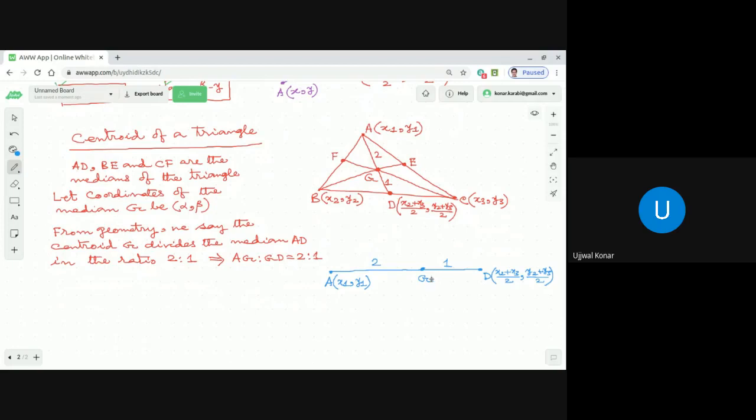Now we are going to find the coordinate of the point G, which is alpha comma beta. So how can we write alpha? That is simple.